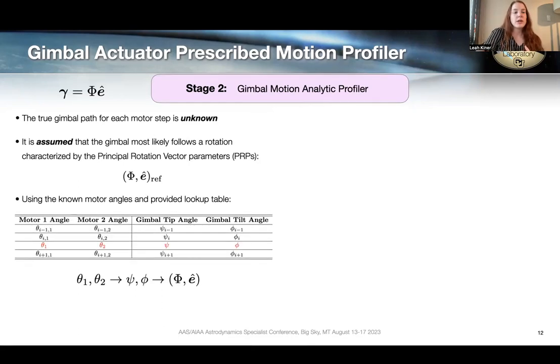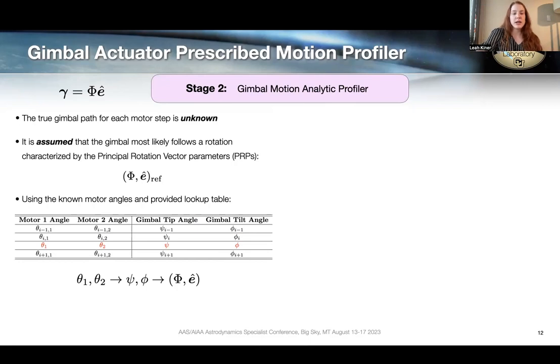So now we can use the lookup table data to determine the gimbal tip and tilt angles for any combination of motor angles. And then from our gimbal tip and tilt angles, because we know that those are Euler angles, like as we discussed earlier, we can then transform these Euler angles to principal rotation vector parameters, this phi and E hat.